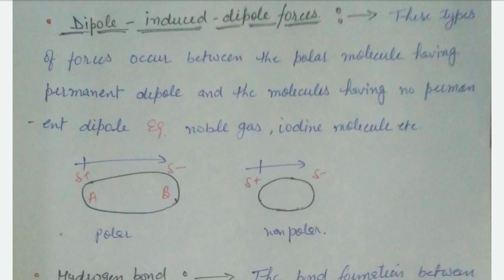Like A has a partial positive charge, B has a partial negative charge. The head of the arrow indicates the negative sign, and positive signs are also indicated. Therefore, in the non-polar molecule, the negative and positive charges shift to one side and form an induced dipole, right? And this pole is partially negative, while in the non-polar molecule this pole is positive. Therefore, they come close together. These forces arise with noble gases and iodine molecules, etc.